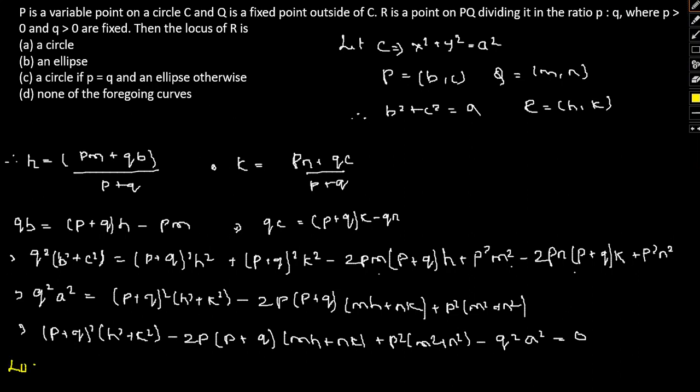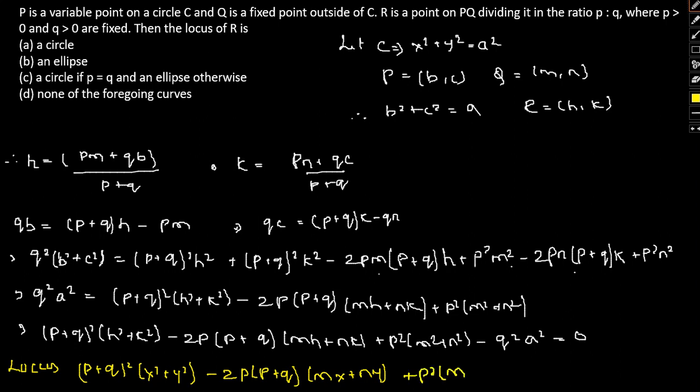So locus being (p plus q) whole square (x square plus y square) minus 2p(p plus q)(mx plus ny) plus p square (m square plus n square) minus q square a square equal to 0.